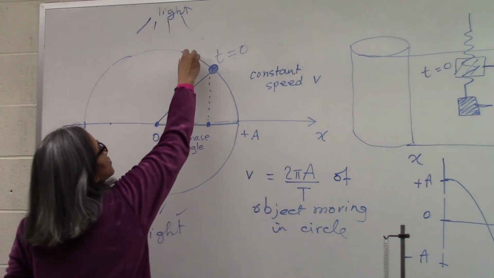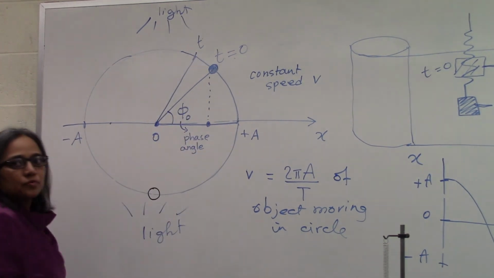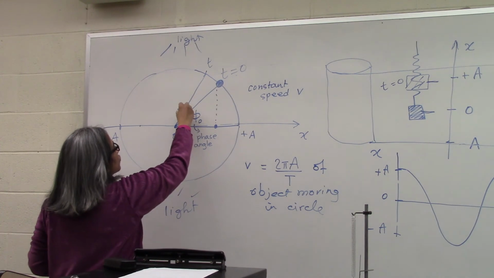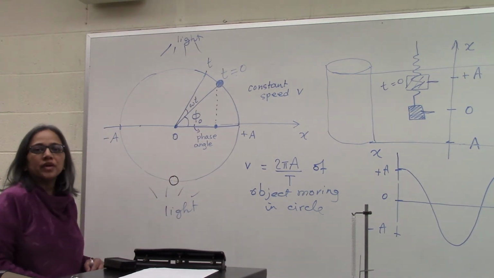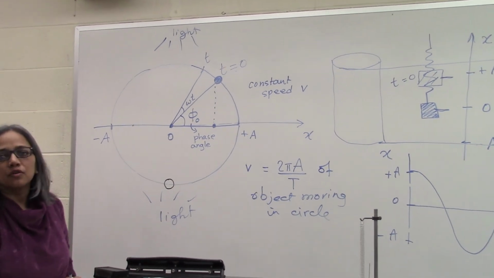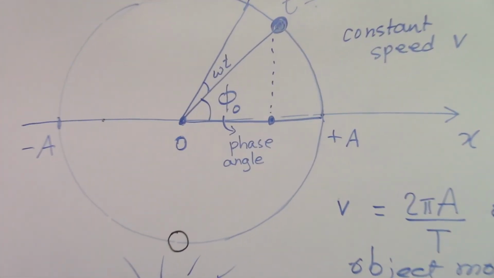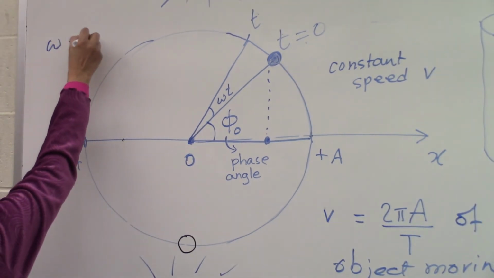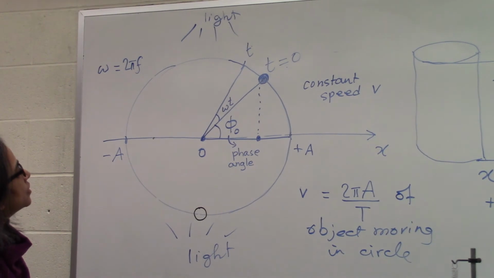Now at any other time t, you should know from circular motion that the object would have moved forward by an angle omega t, where omega is the angular velocity. If this is something that you don't recall, you might want to look at the chapter and refresh your memory of the meaning of angular velocity, and remember that angular velocity is the same as 2 pi f, where f is the frequency of the motion.